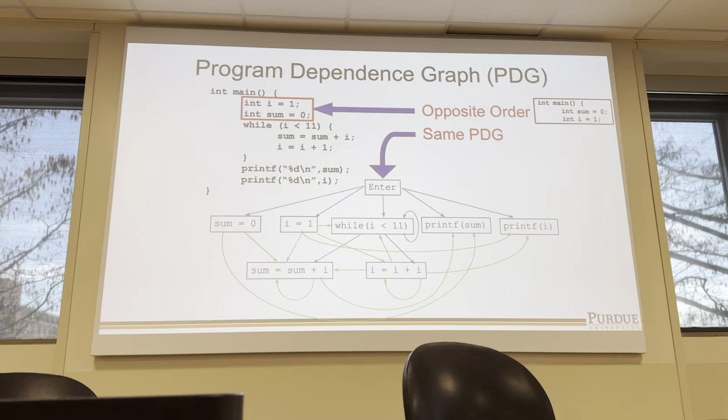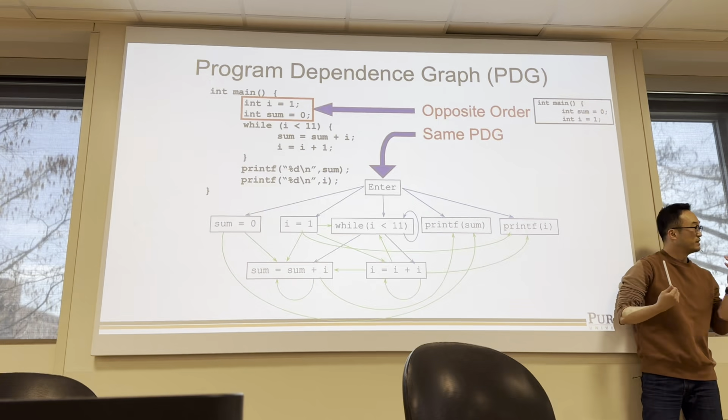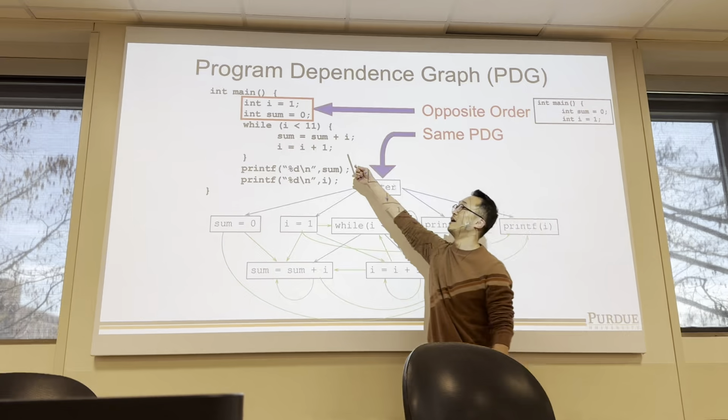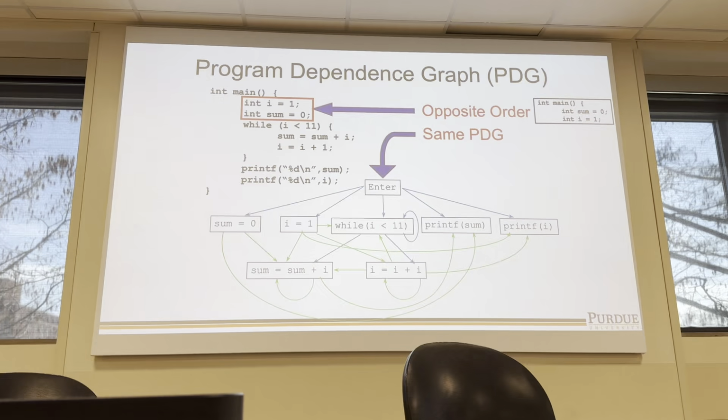But before we go to that point, I'd like to point out that this abstracts away some properties of the program. One typical thing is the order of the instructions. Initially we had a sum followed by I's initialization, but here I purposely flipped the order. Still, you get exactly the same shape of program dependence graph.